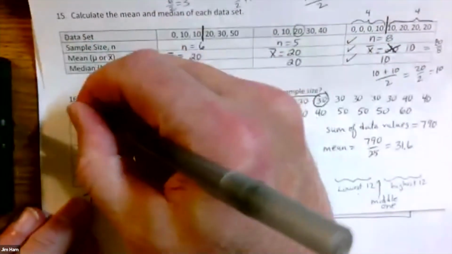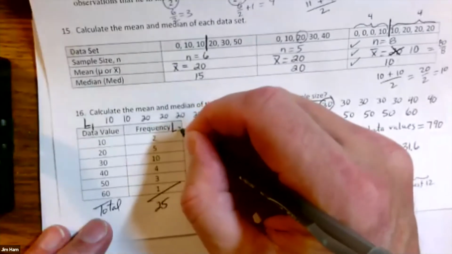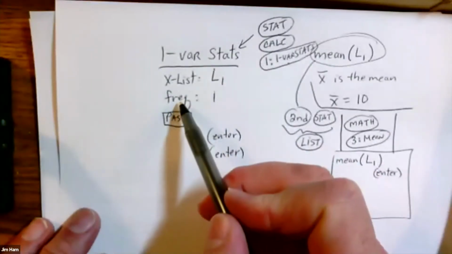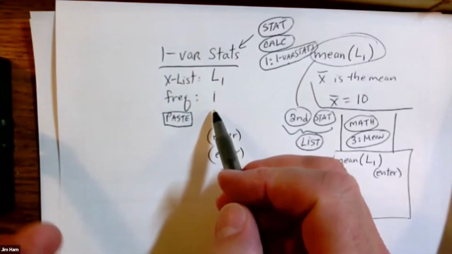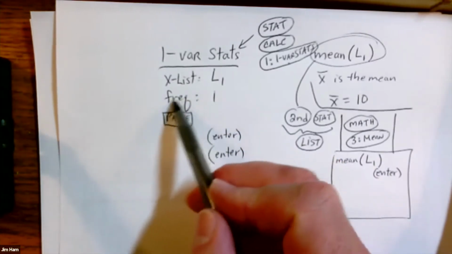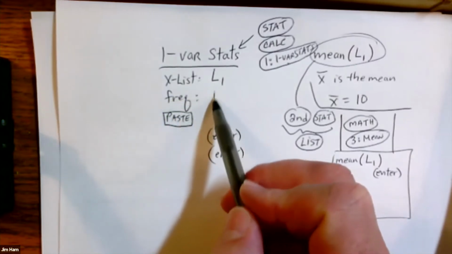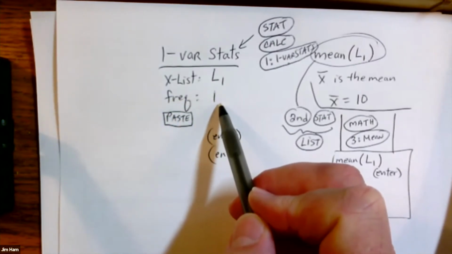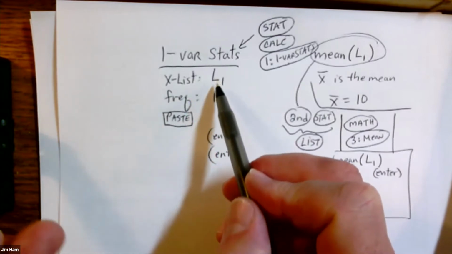So we're going to put the data values in L1, but then we're going to put the frequency values in L2. Where I said frequency here, and I just said 1 because each data value in L1 appears with a frequency of 1, we're now going to enter L2 here. And then the calculator understands that the data values in L1 occur with frequency L2.